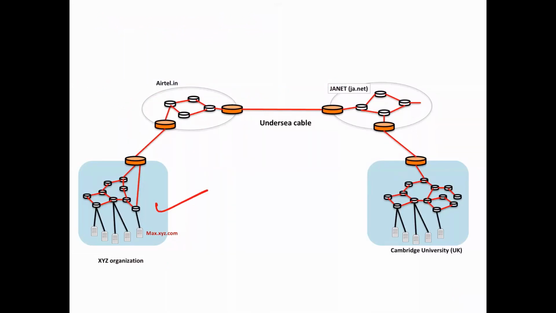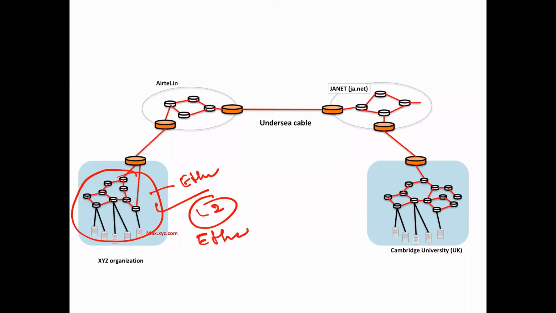This is one organization, a small organization, and it will work within the organization using Ethernet. All the switching will happen using layer 2 or Ethernet addresses. Only if some node has to send a packet to the outside world, then it will go to the interface router.